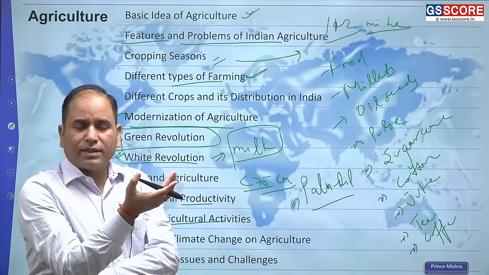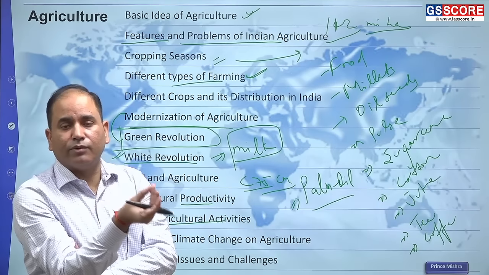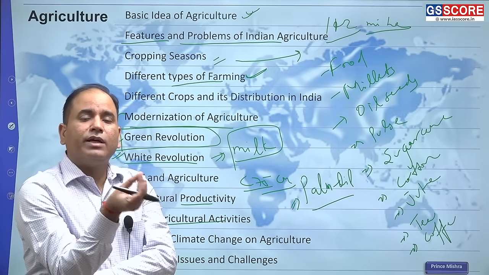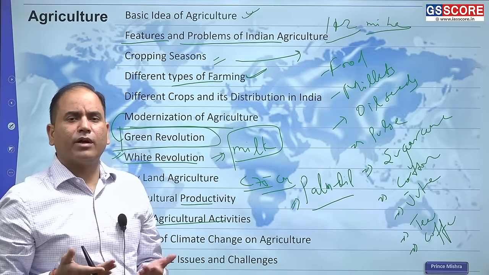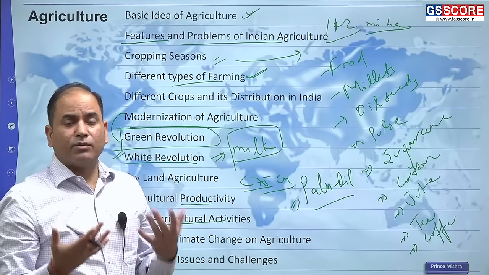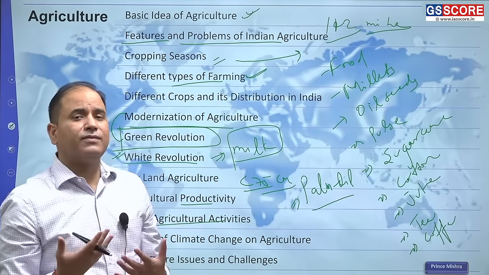Why is it not justifiable? Because most of the cultivation of rice and wheat is being done through the use of groundwater. So when we are using more and more groundwater, obviously groundwater depletion will happen, and in the longer term more and more desertification is being witnessed.